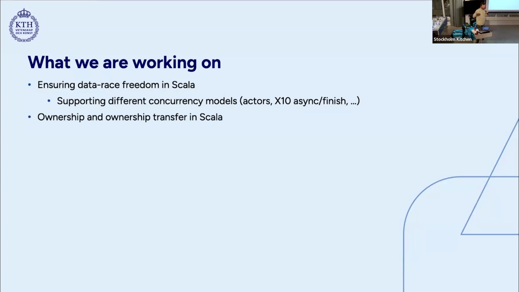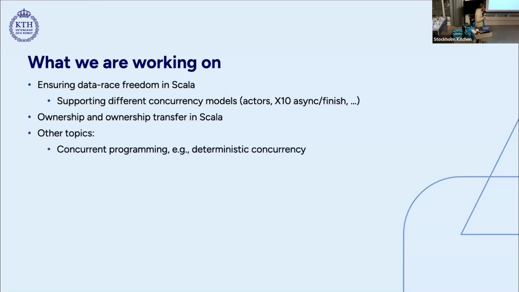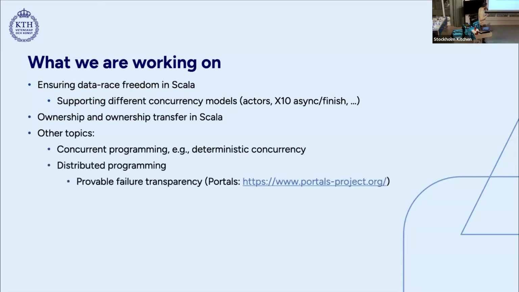So that's sort of Rust-like typing. But we also have other topics like concurrent programming, deterministic concurrency, distributed programming. We just completed some quite exciting work on proving the failure transparency of systems.